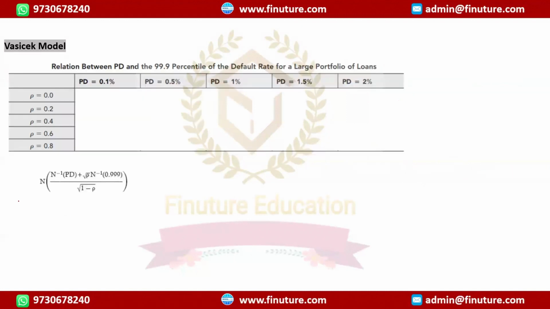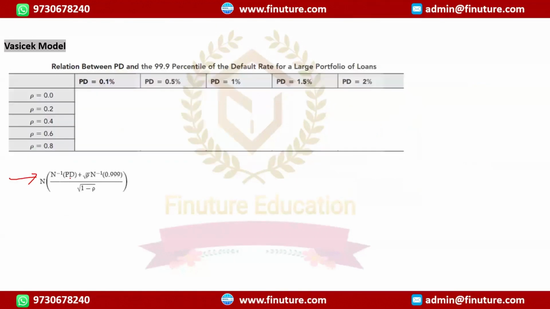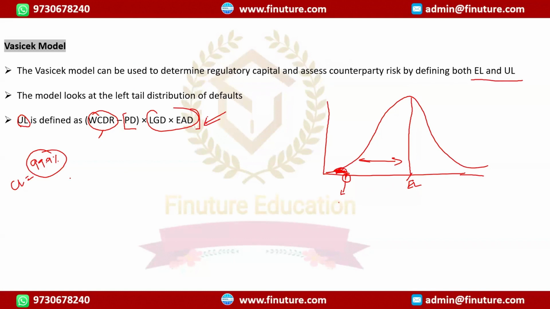This is something wherein I will need some help from my memory. So this is the formula that gives you this WCDR. This is quite trivial, I would say.